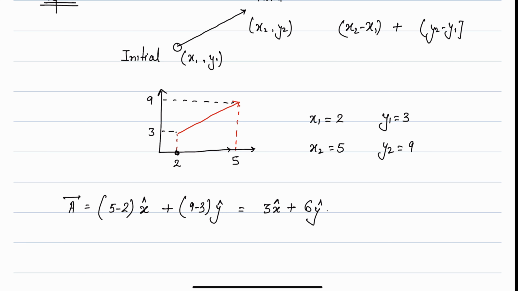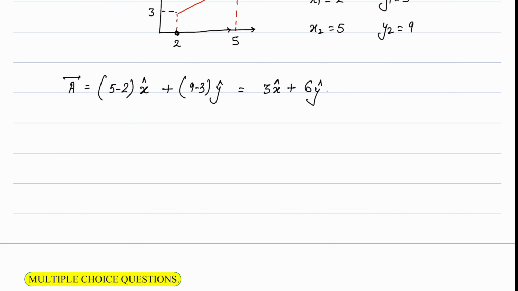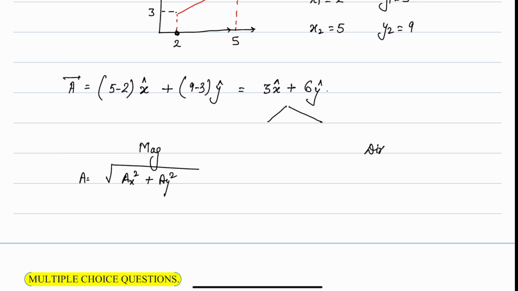Clear guys? Fine. Now very easy thing. Once you get the vector, you can solve the magnitude and the direction. How to solve magnitude? A equals root of ax square plus ay square, which is root of 3 square plus 6 square, so 9 plus 36, which is 45, root 45.